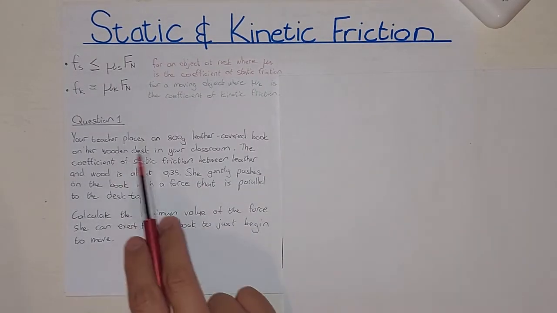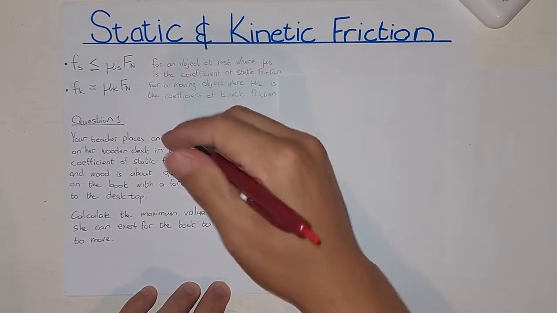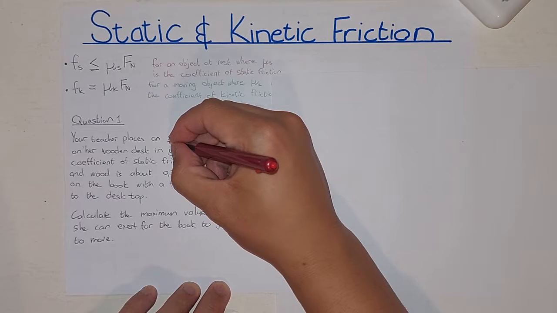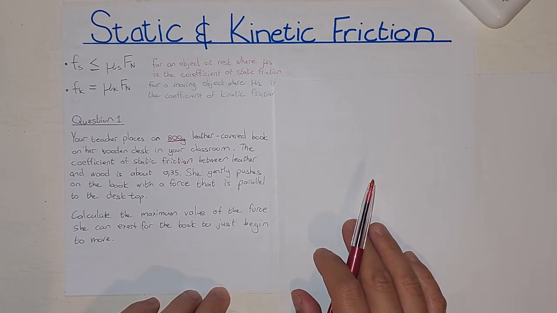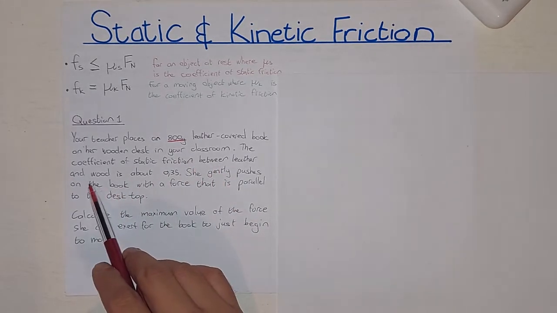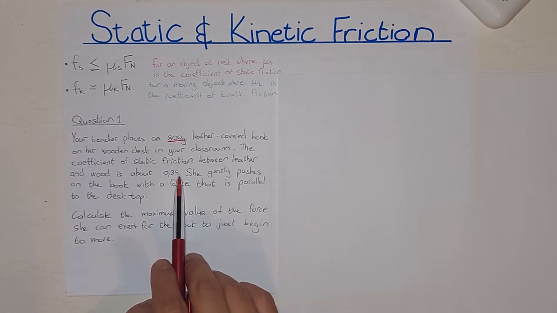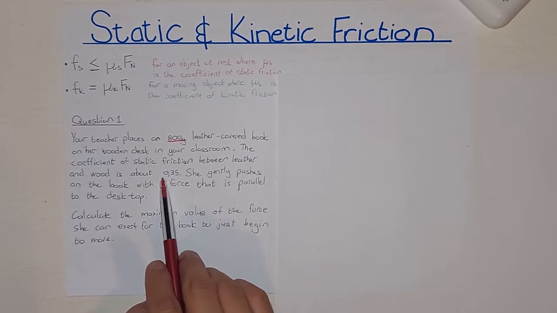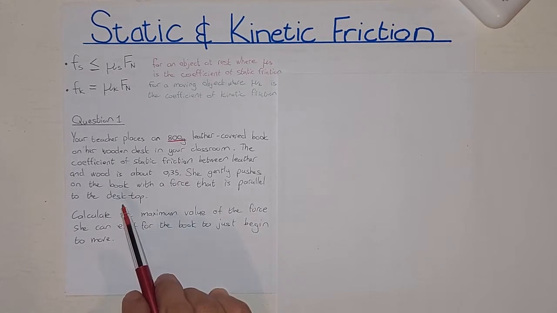Right, so your teacher places an 800 gram leather covered book on her wooden desk in your classroom. The coefficient of static friction between the leather and wood is about 0.35. Now you can notice for the value of coefficient over here, there is no SI unit that appears afterwards.